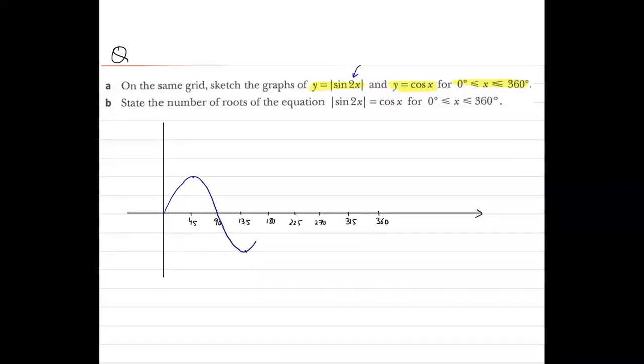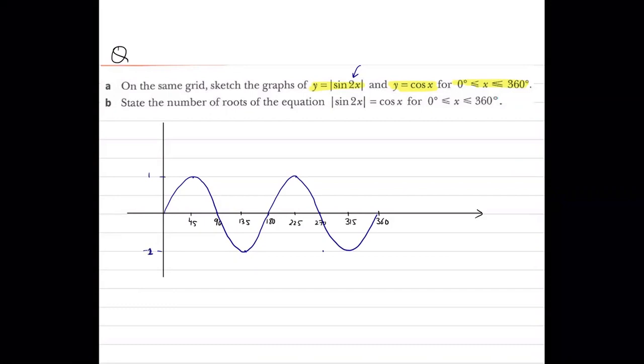One cycle is going to be completed in 180, and the second cycle is going to be completed in 360 degrees. This is for sine 2x.